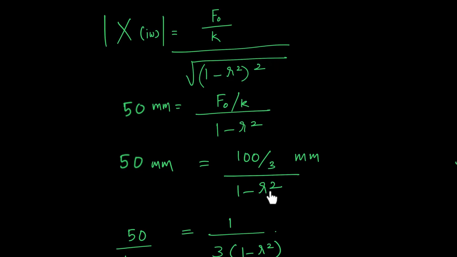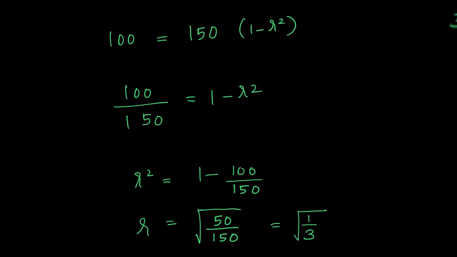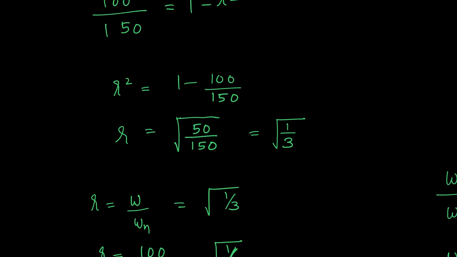So there is only one unknown, r square. r square is the ratio of omega by omega n square. From that, the only unknown is omega n, because we know the excitation frequency, which is 100, since the forcing function is given as 100 cos of 100 t newtons. After performing all these manipulations, we arrive at an expression for r like this: r equal to 1 by 3.